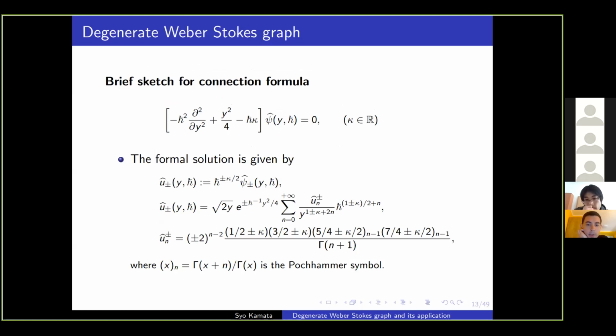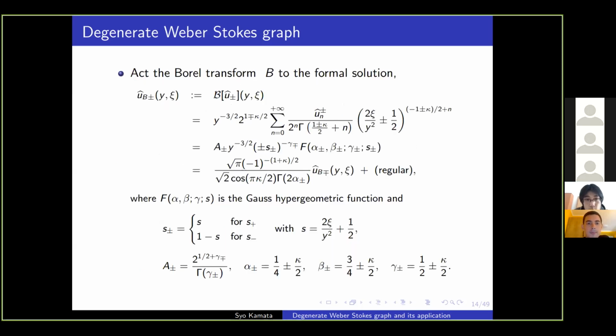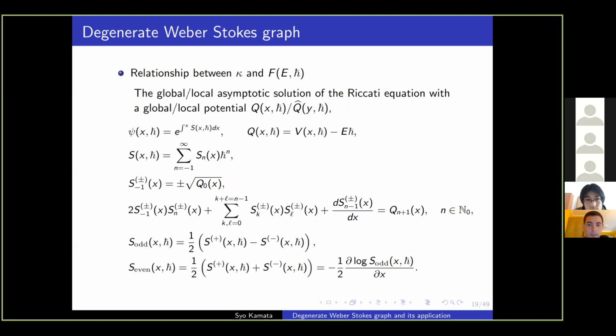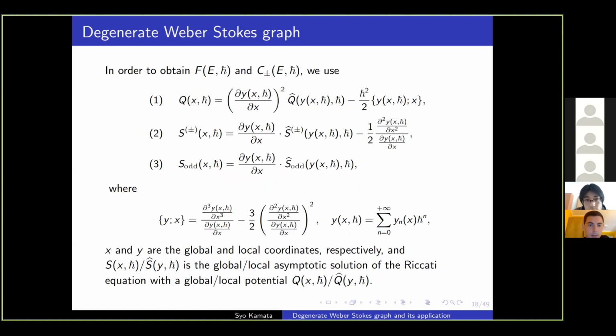So initially, this series is just a formal series. Do you have any analytic interpretation, a rigorous interpretation of the transformation series? Sorry, which one? There, back one. Yes, y(x, ħ) equals the sum of y_n(x) ħ^n.